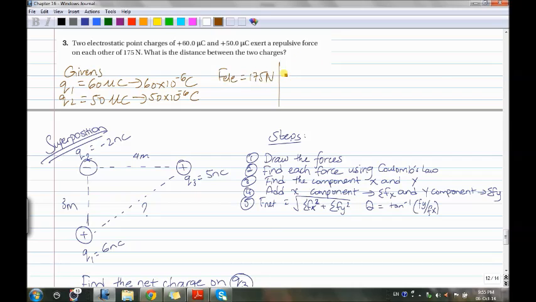Now let's change the equation a bit so we could find the distance. This is the equation. Now let's cross multiply.